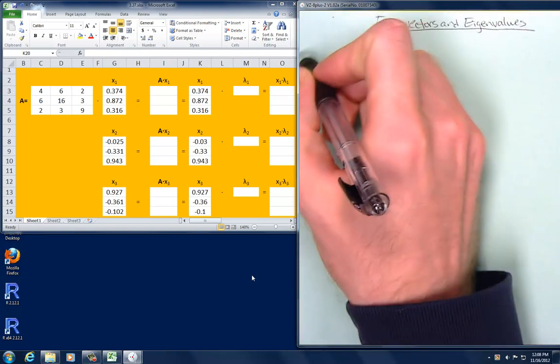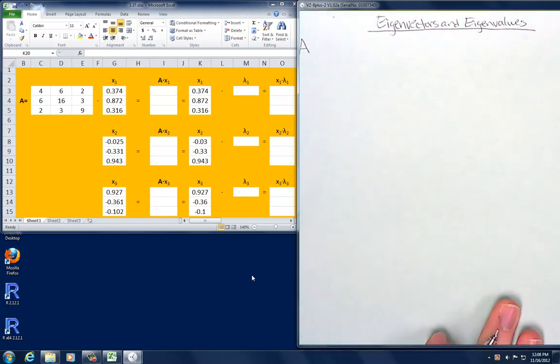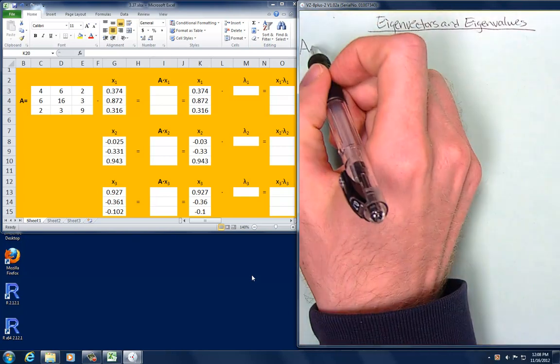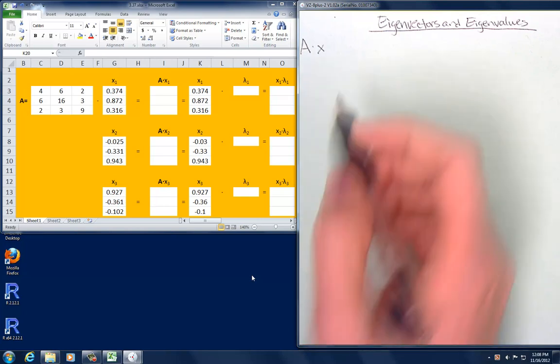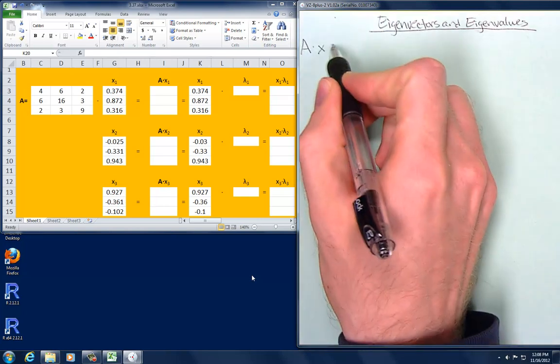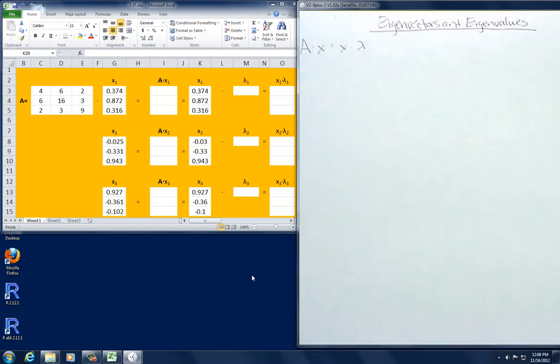So basically, we have a matrix A, and there exists a vector x such that when the matrix is multiplied by them, the resultant vector is this x times a constant we'll call lambda.